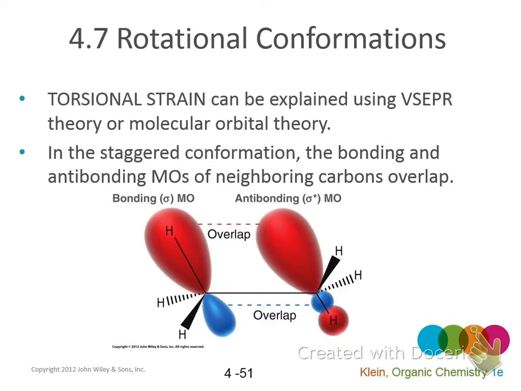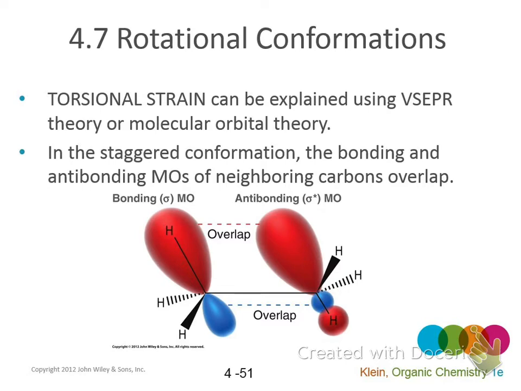So the old explanation, the one that I learned in school, was that the reason for the big energy difference between the staggered and eclipsed conformations is simply that these groups, the hydrogens on the end, repelled each other. It turns out the actual answer is a little bit deeper than that.